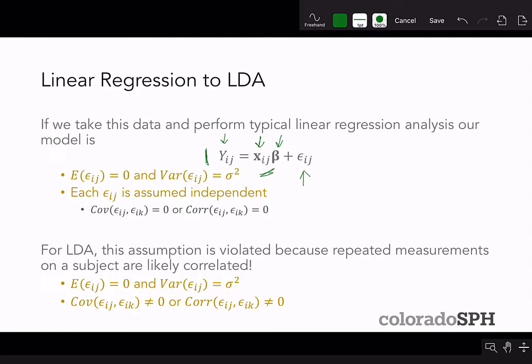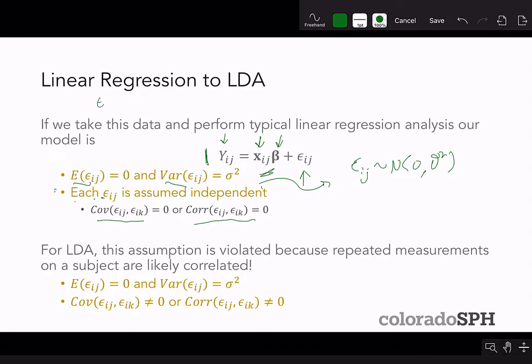But typically with linear regression, we assume that the expectation of the error term is 0, and that the variance of the error term is sigma squared. That comes from our assumption that the errors have a normal 0, sigma squared distribution. And we also assume that each error term is independent. And what that will give you is that the covariance between error ij and error ik is equal to 0, which means that the correlation will also be 0.